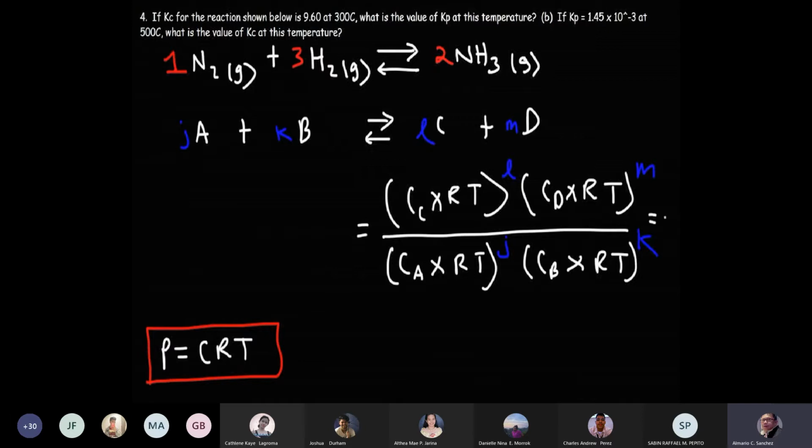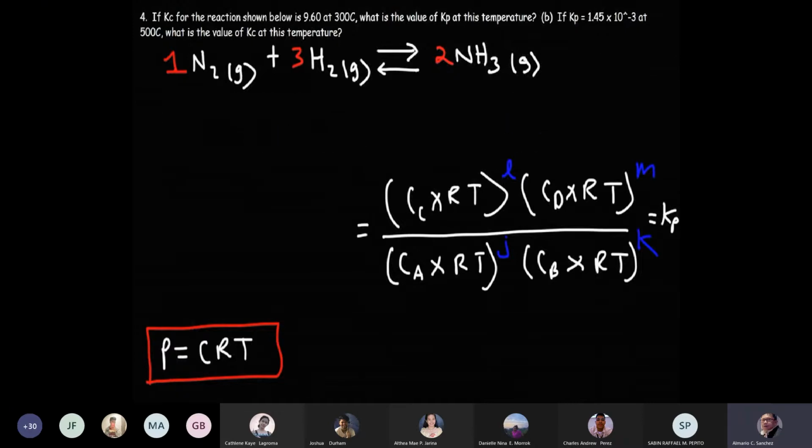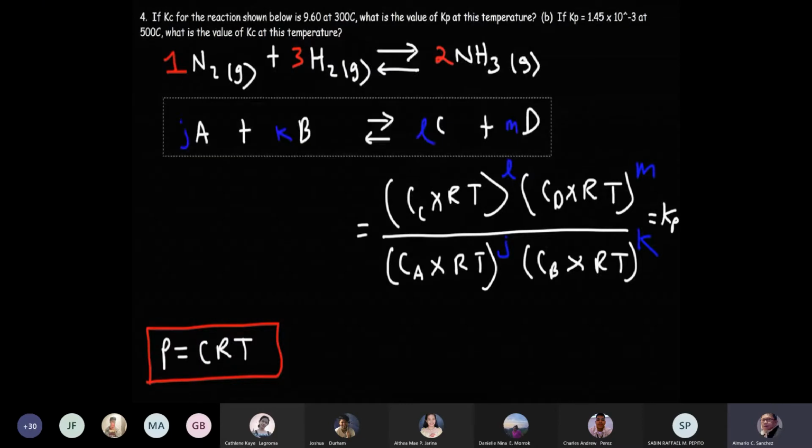So keep in mind, this whole thing is still equal to Kp.